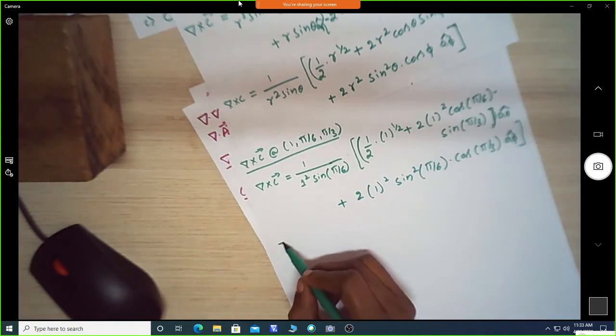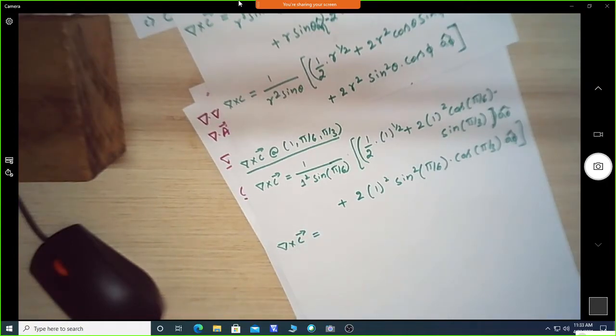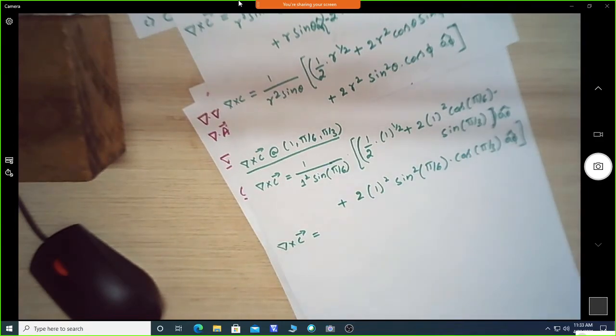So find out the value and tell me what is the final value. We can put the values of pi by 6 and pi by 3 and try to get the value.